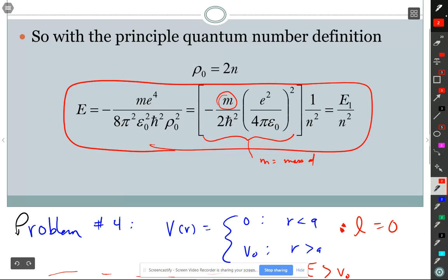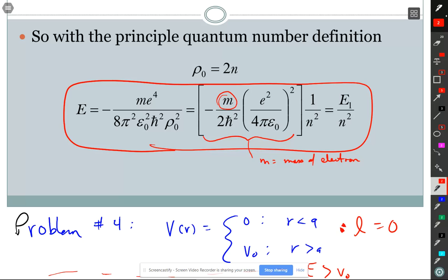It's a mass. What's it the mass of? The electron. It's the mass of the electron.